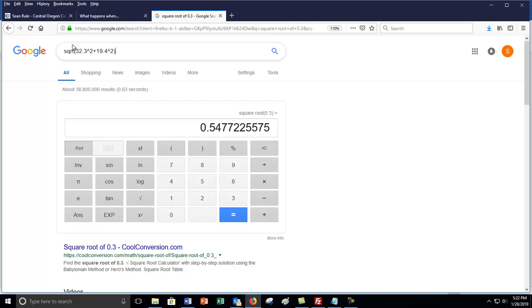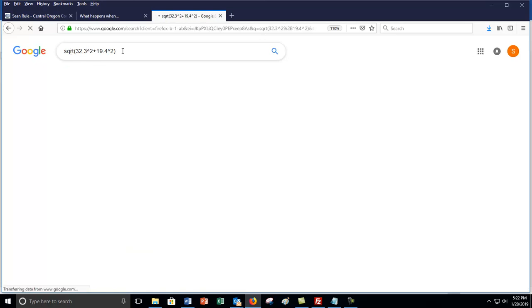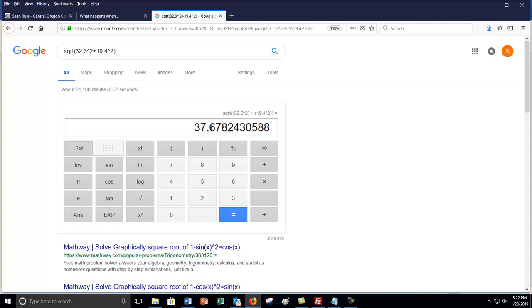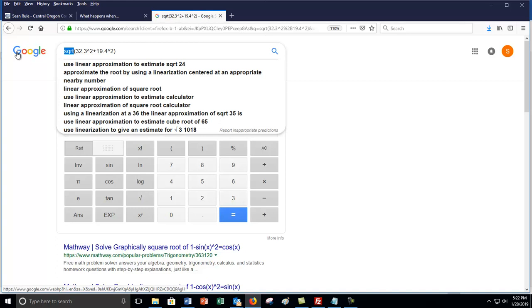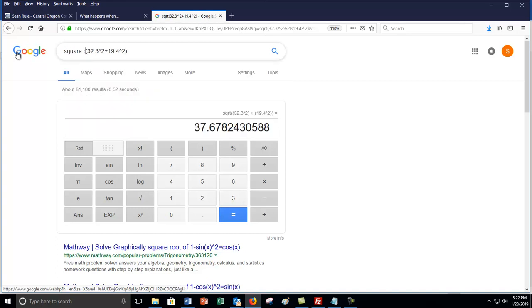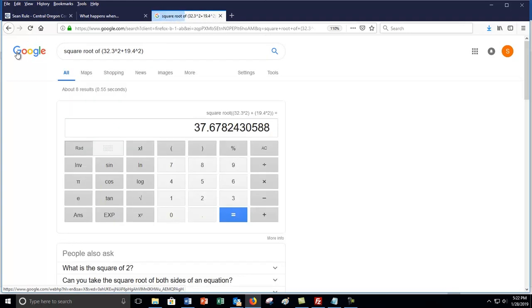Check out what I just did there. We talked about this in class. I wrote the squared as a power of 2, and then I used SQRT as the function for square root. You end up getting about 37.7. You can also type square root of, and that works too.